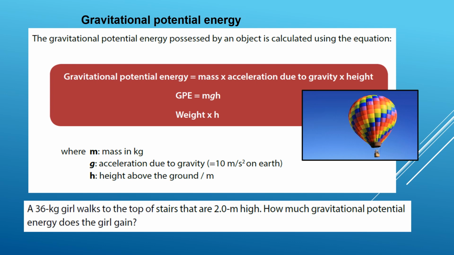So we know that Ep is equal to mgh. So it gives 36 times 10 times 2, which is equal to 360 times 2, which gives 720 joules.